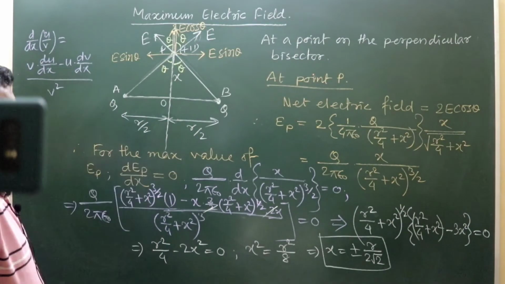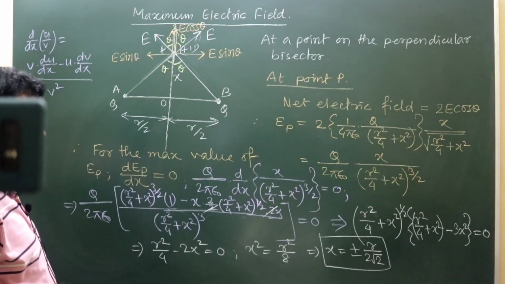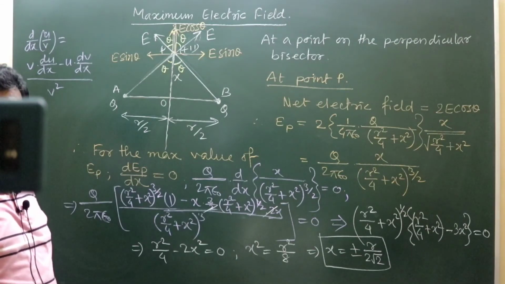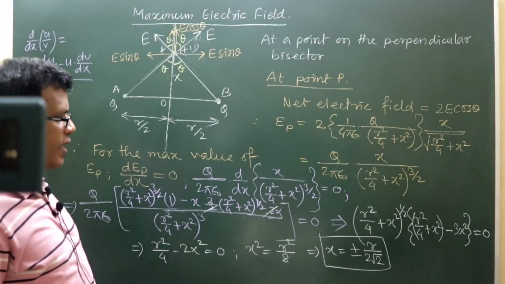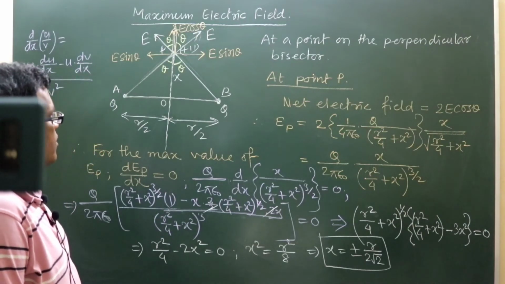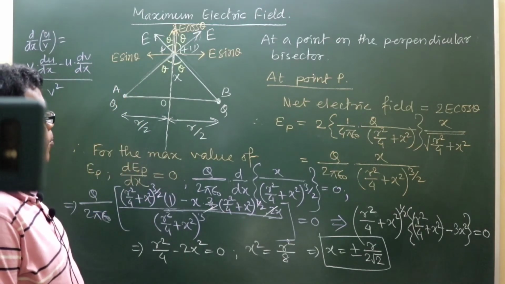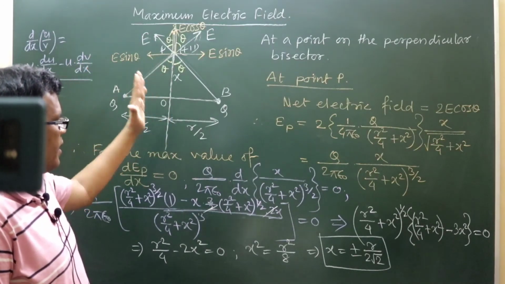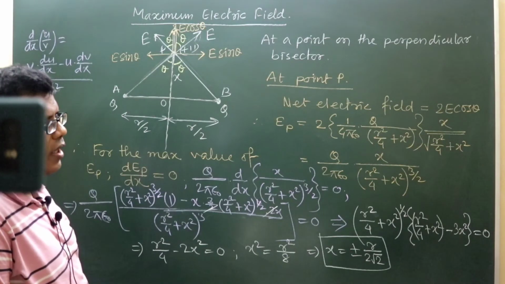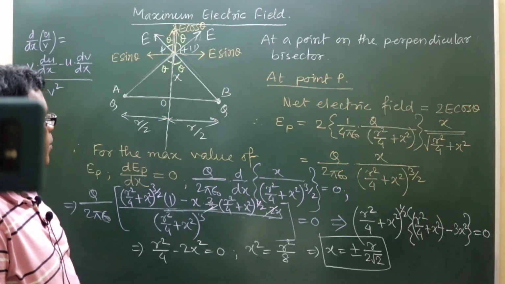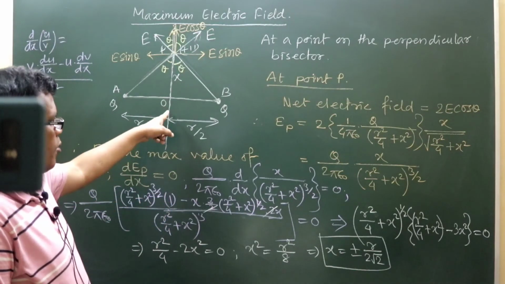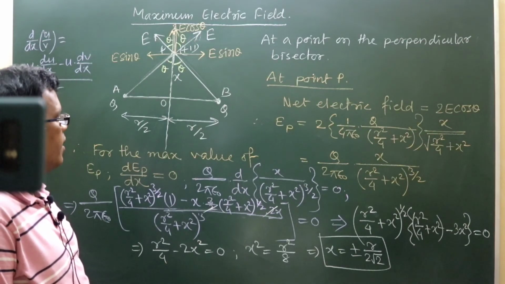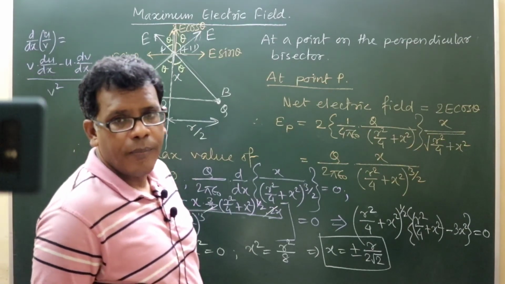Got this one? That means if you are asked what will be the locus where electric field can be maximum, then you can say it is a circular locus of radius r by 2 root 2, because if you take a plane, instead of this line, dividing this AB perpendicularly, then every point on that plane at a distance r by 2 root 2 from the point O will be considered a point of maximum electric field.